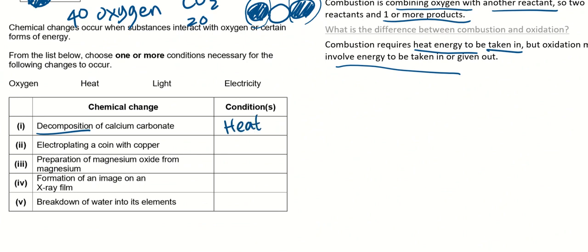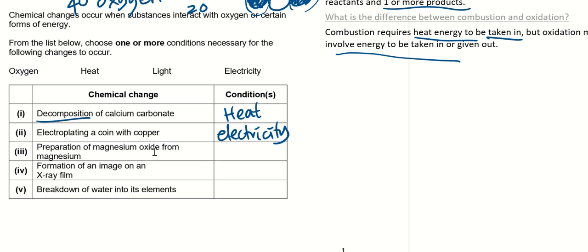Okay. Now, electroplating a coin with copper, it will need electricity. Okay, so this is one of the applications of chemical reactions. Now, preparation of magnesium oxide from magnesium. So oxide, you must know that it comes from oxygen, right? So magnesium is actually the reactant, and I want to prepare my magnesium oxide.